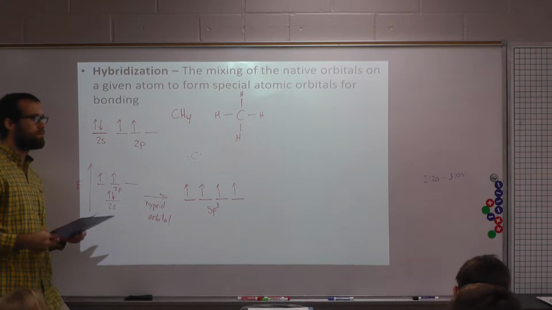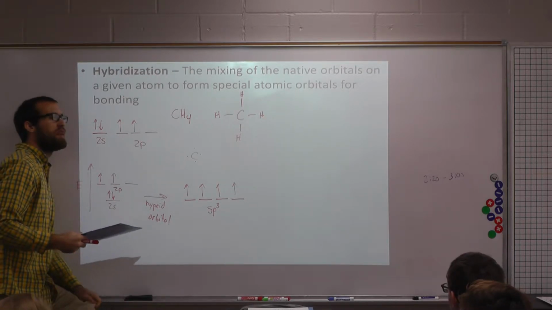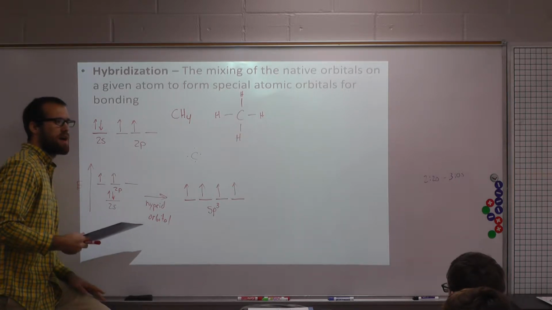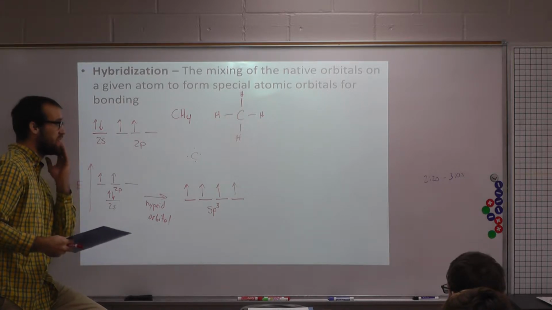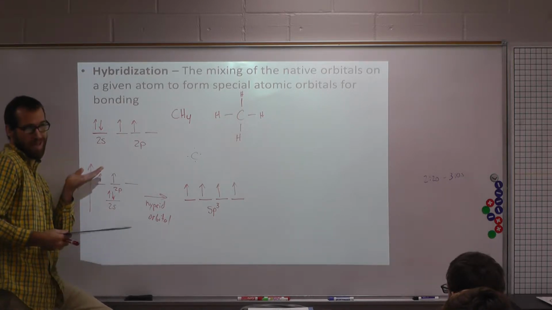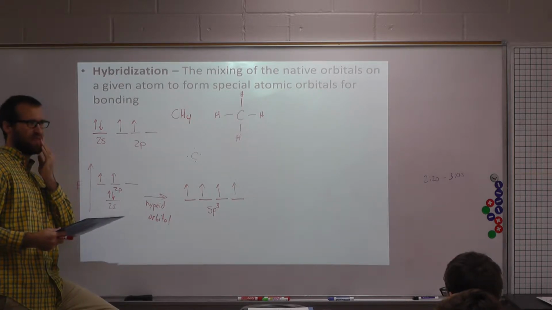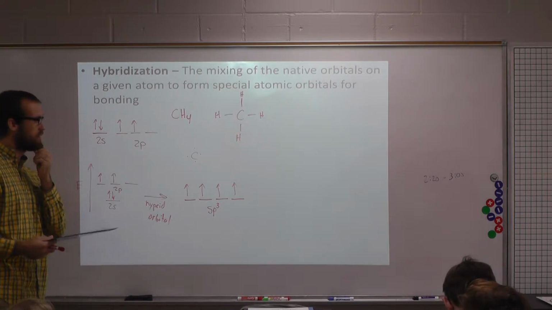The 2 outer, you're going to hybridize your valence electrons. I'm not 100% sure what those core electron orbitals are going to do. I would assume they remain the same, but I don't know that I've ever been taught what happens with those, and I don't think it really is that important.